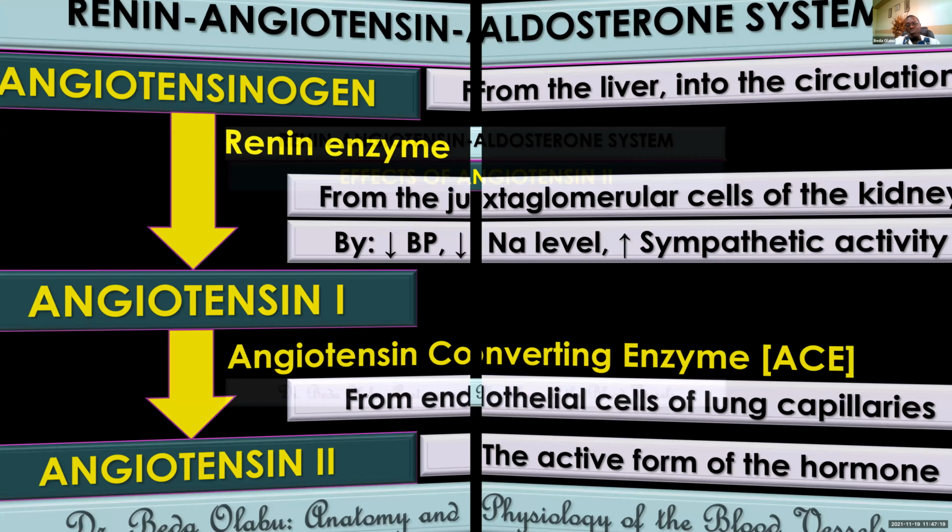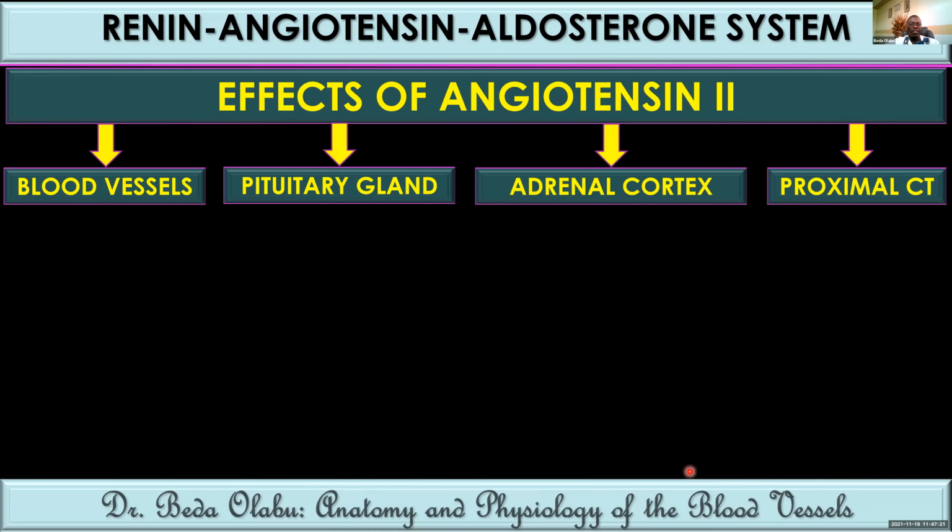Angiotensin 2 has multiple target organs, five of them actually: the blood vessels, the posterior pituitary gland, the adrenal cortex, and the proximal convoluted tubule of the kidney.